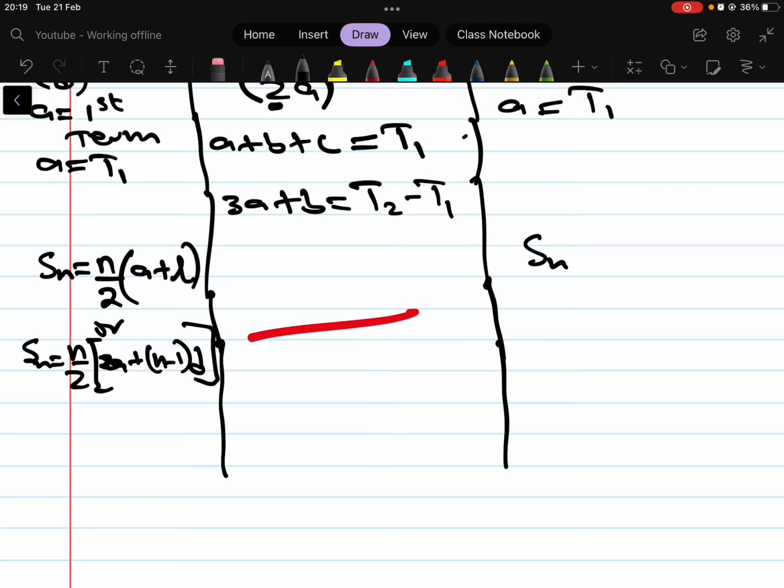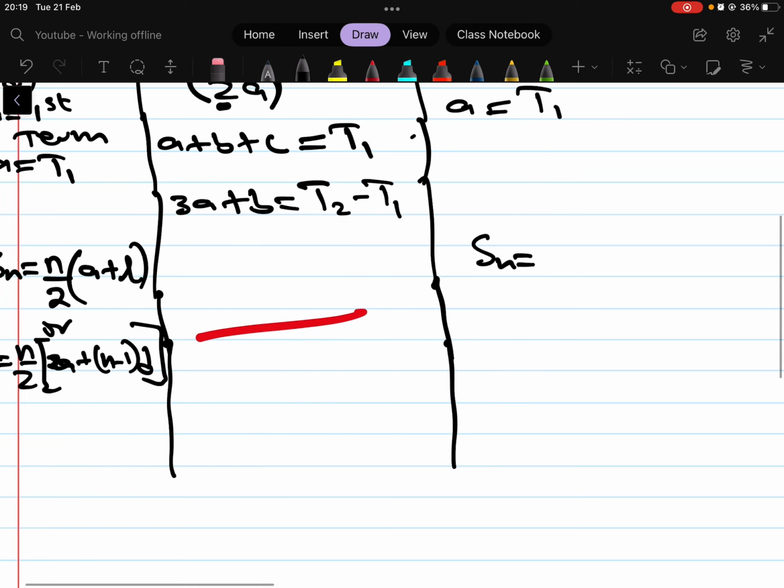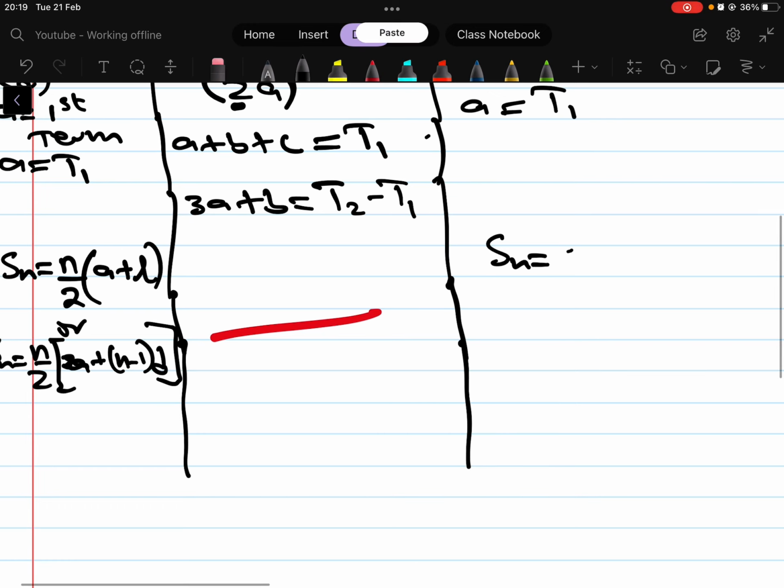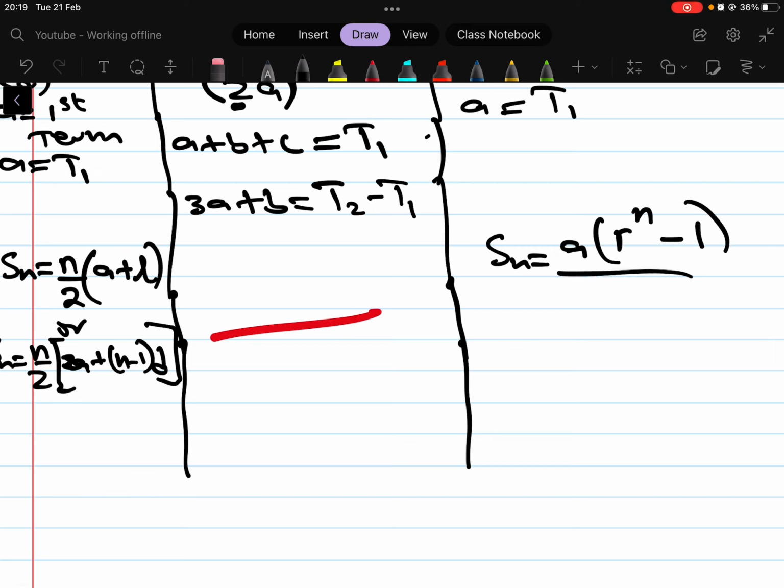And then for geometric number patterns or sequences or series, you have this formula to calculate the sum of the numbers in a sequence. This is the formula. You also have the other formula. You just need to pick the one that makes better sense to you.